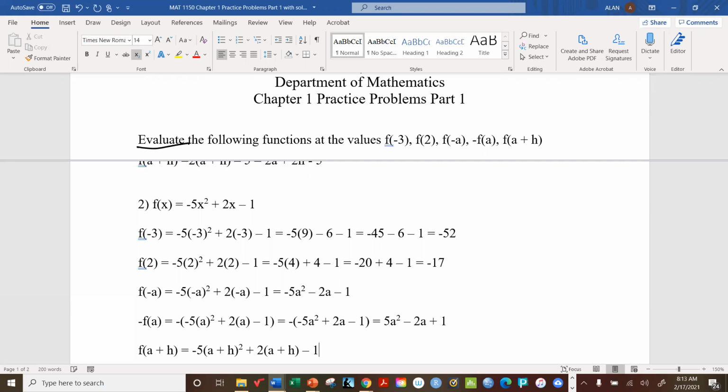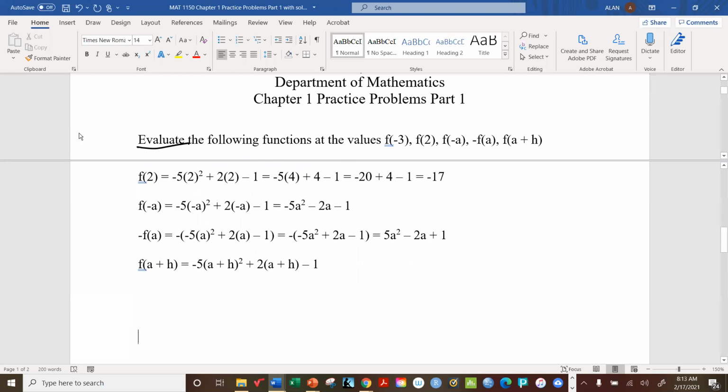Now, just as a side note, a plus h squared, what do we do with that? There's a couple of techniques that we can use. Why don't we rewrite this as a plus h times a plus h? Now, you might remember this technique you learned in high school called FOIL.